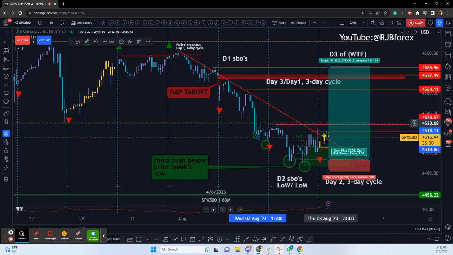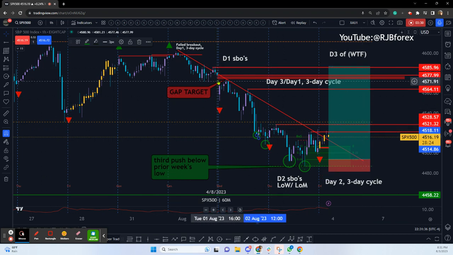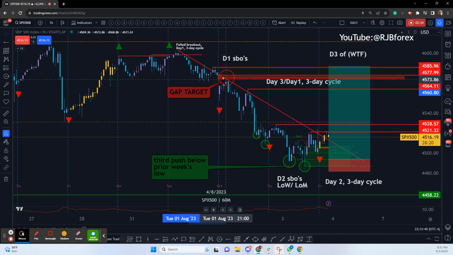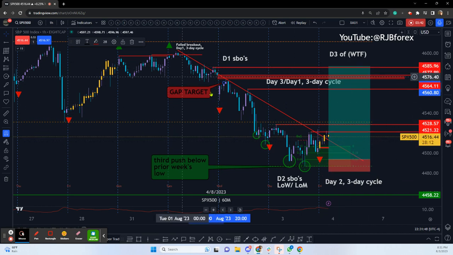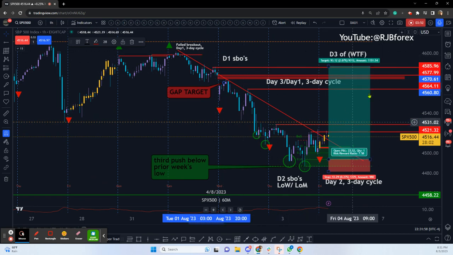So there's a number of confluences here for a push up. And you've got this gap target over here on the upside, and potential stops up above here, equal highs. So pretty nice thesis really for a move to the upside. But of course, all depends on non-farm payrolls. But that's where the money is, to the upside.